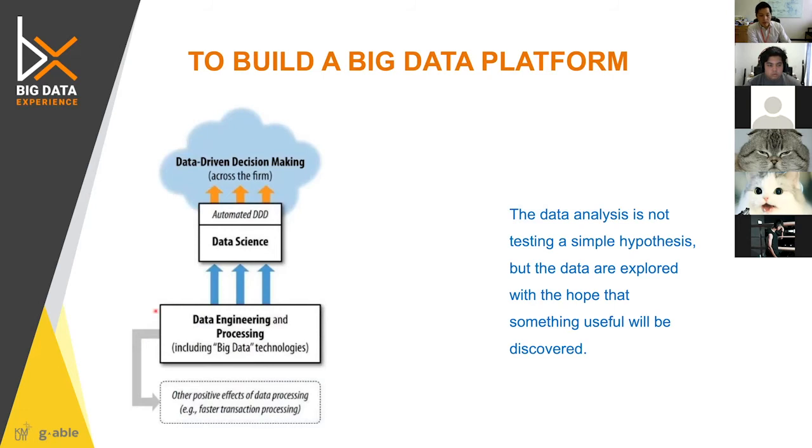If the company has the data engineering part, like the big data part, then it can create the data science team on top of this. So you can see that these are the components that are required in order to create a data-driven culture in the organization.